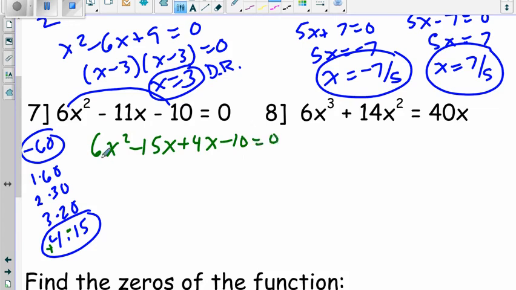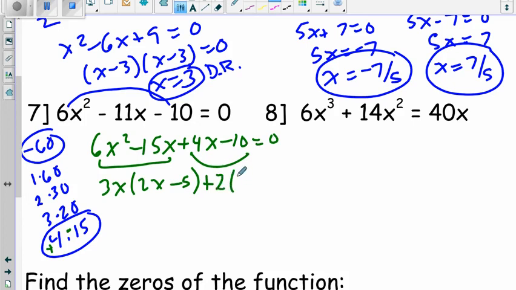These are still equal to 0, but now we're going to go ahead and factor. So look at the first two terms. I can factor a 3 and an x out, so I get 2x minus 5. Plus sign comes along for the ride. I can factor out a 2 out of both of those. That gives me 2x minus 5. Remember, these are equal to 0. So then I get 2x minus 5.